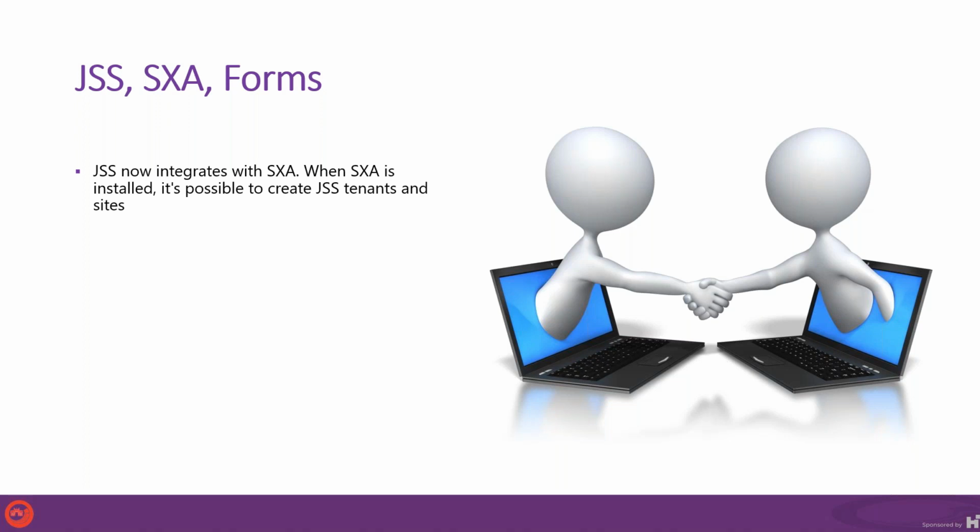JSS 12 was released with 9.2. Now JSS integrates with SXA and supports the multi-site capabilities available in SXA. Still, the drag and drop functionalities of SXA are not supported by JSS.